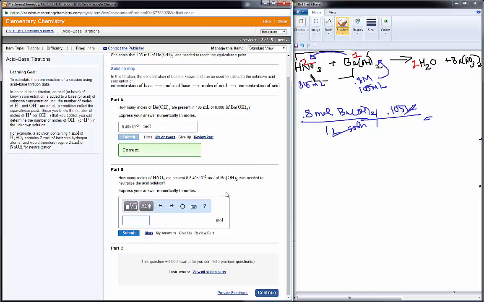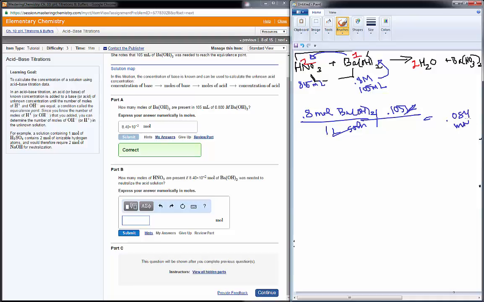Now, I'm using 0.084, then how many moles of that were present, and that's where I recognize I need a 2-to-1 ratio. So we're going to say this is 0.084 moles barium hydroxide.